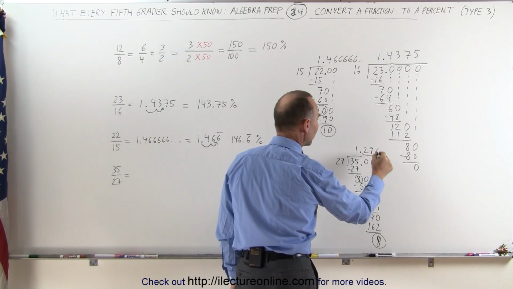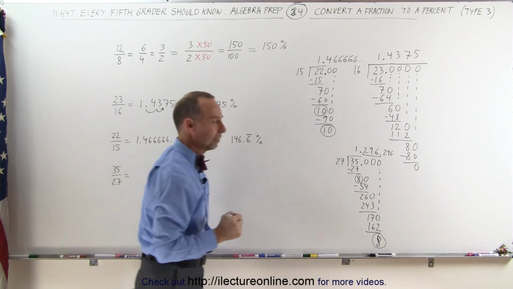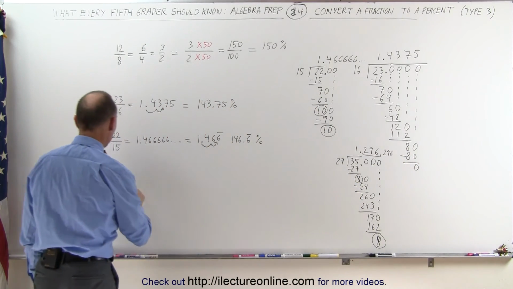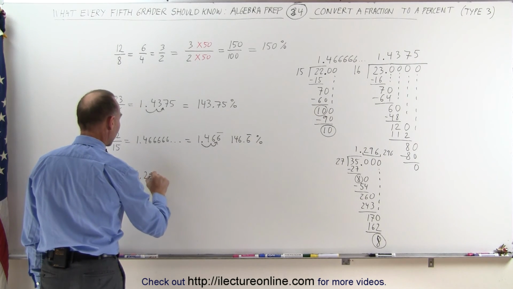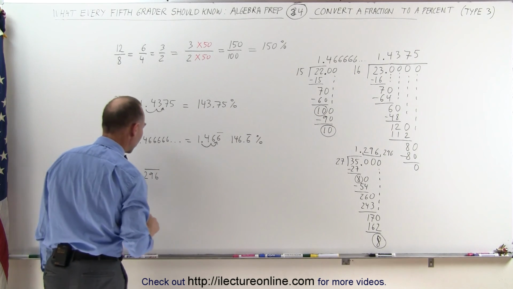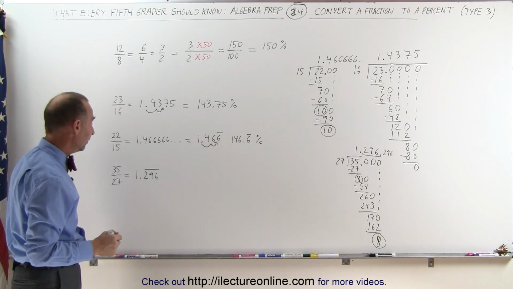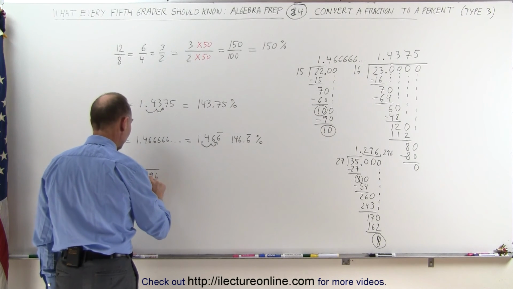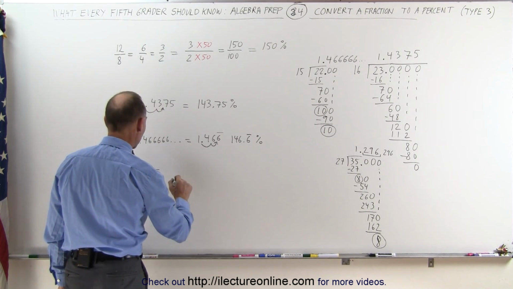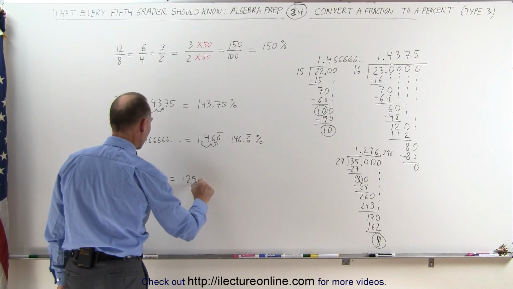So 1.296 and 296 and 296 forever, which means I can now write my fraction here as 1.296 with a line over those 3 numbers, meaning that those 3 numbers will continue to repeat forever, which means that if we move the decimal place over 2 spots, this can now be written as 129.6.